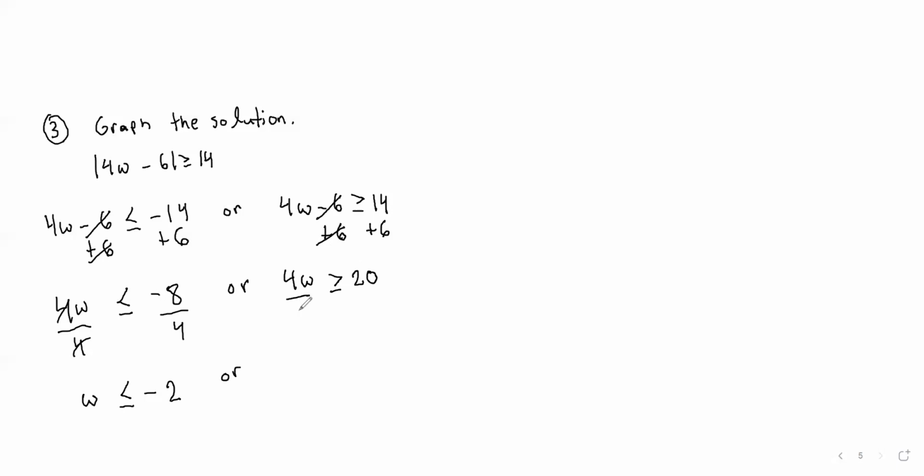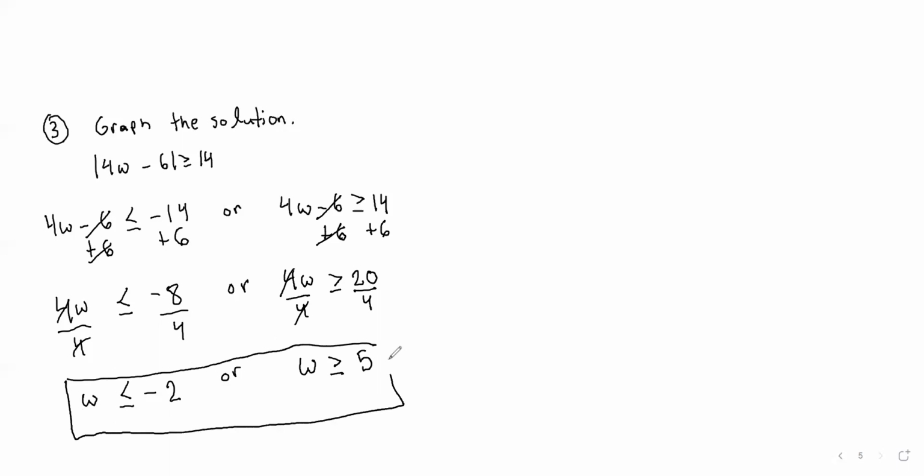Now we divide by 4. So we have 4w over 4 on the left, they cancel. And so our simplified version is w is greater than or equal to 20 over 4, which is 5. So here's our solution: w less than or equal to minus 2, or w is greater than or equal to 5.